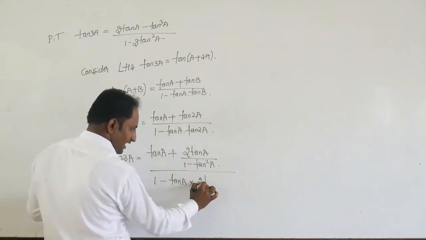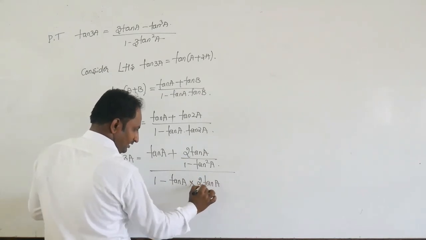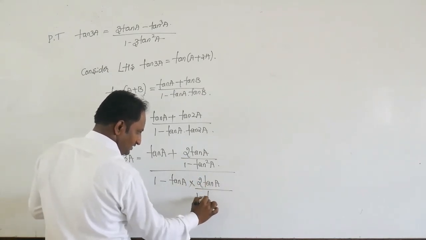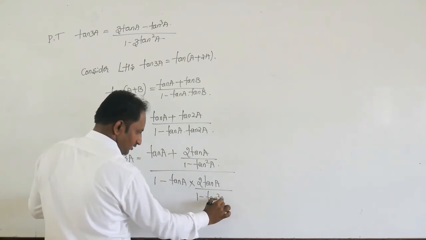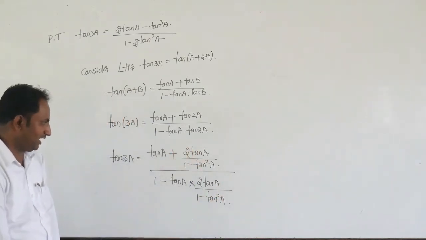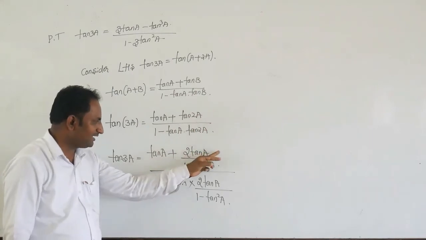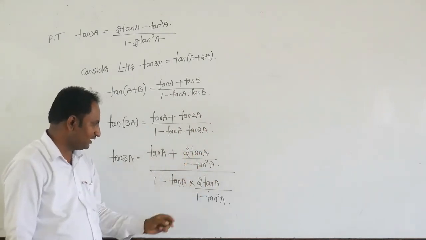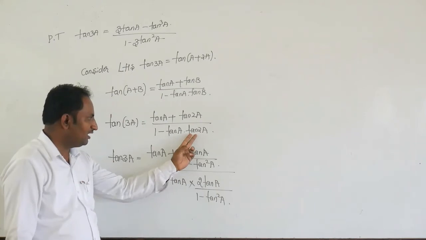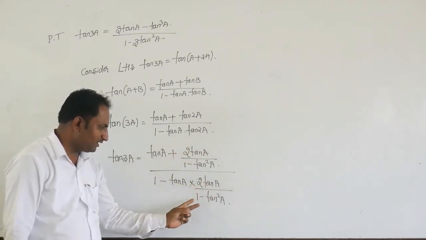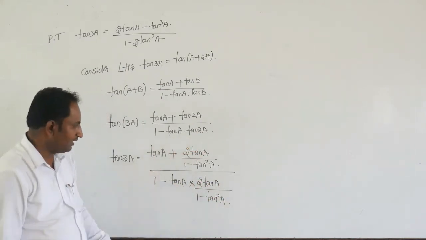Substituting tan of 2A equal to 2 tan A divided by 1 minus tan square A.